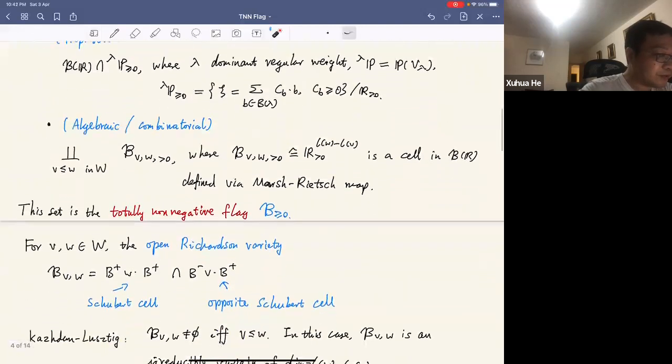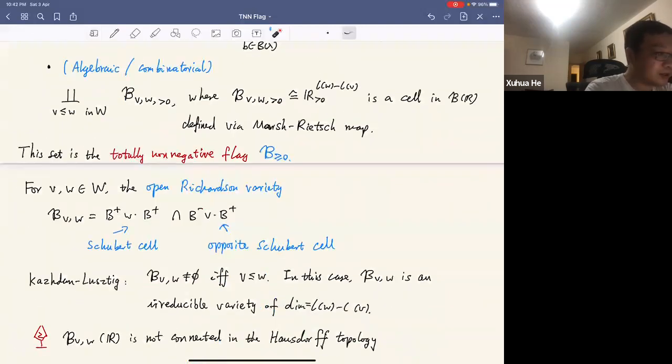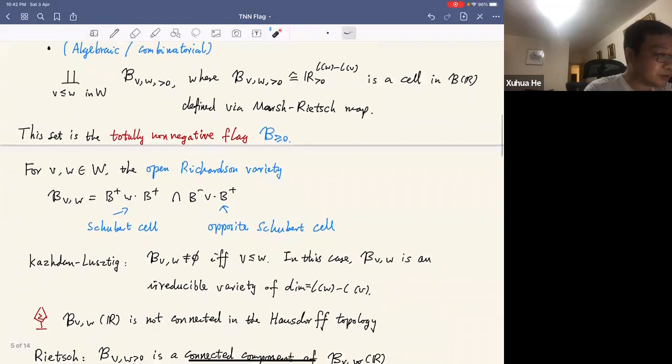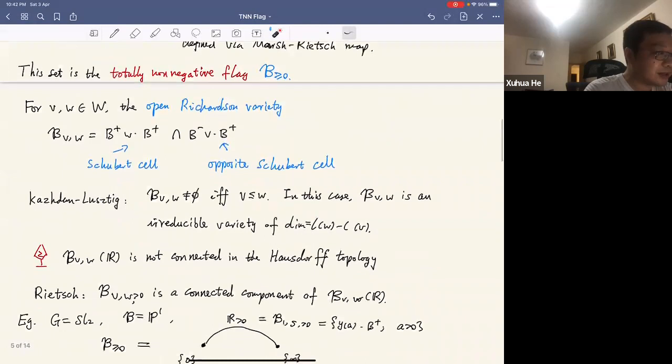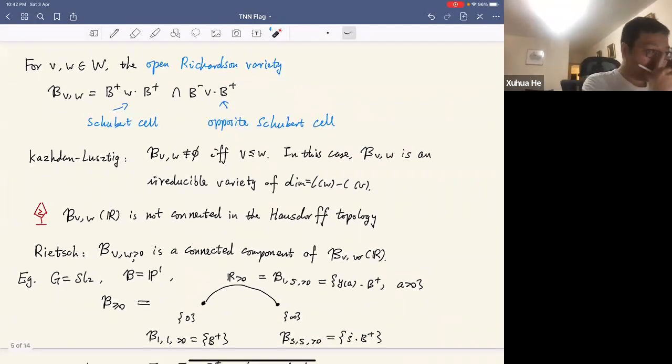Let me say a few more words about the third one, because we are going to use this quite a lot in this talk. If you think about the flag variety over any field, we have the decomposition of the flag variety into the disjoint union of the Schubert cells, B plus w B plus. And also we have a decomposition of the flag variety as the disjoint union of the opposite Schubert cells, B minus v B plus.